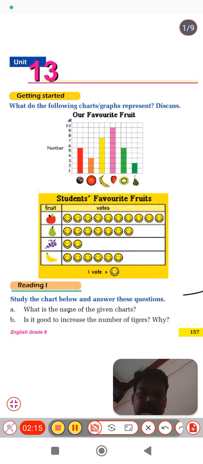And with that we have text 1, reading 1. Before reading 1, students, there are some questions. One is: what is the name of the given chart? And second: is it good to increase the number of tigers? Why? This is the text we are going to discuss.